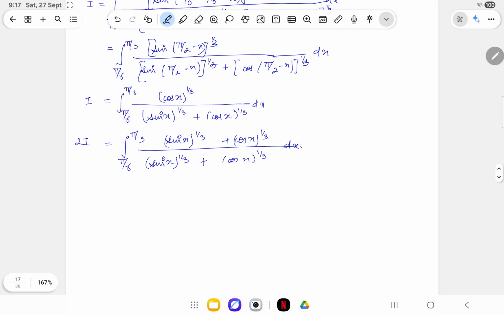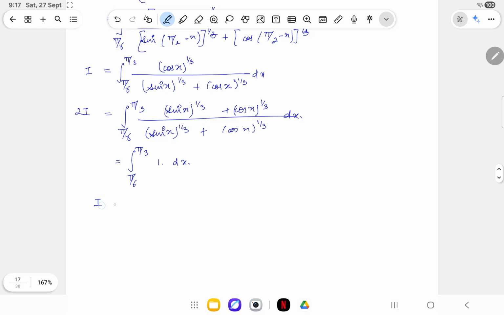Now the terms in numerator and denominator are the same, so we can cancel them out. We're left with integration from pi by 6 to pi by 3 and the integrand is 1 into dx. So from here I got my I as 1 by 2 x, and the limit varies from pi by 6 to pi by 3.